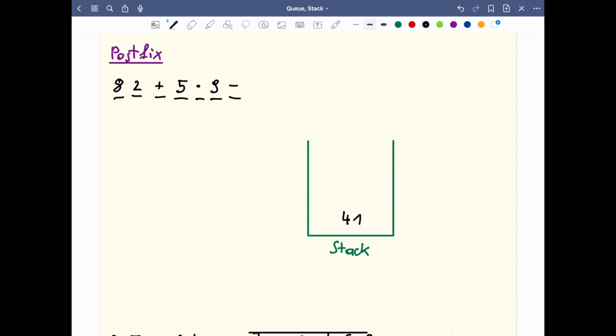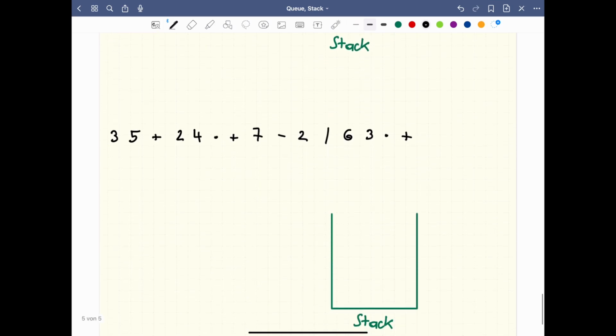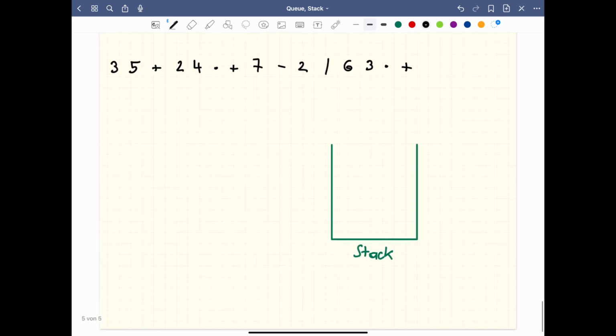Good. So once again, a more sophisticated example here. We have the 3. Let's push it to the stack. We have the 5. Let's push it to the stack. We have the plus. We apply the plus. 5 plus 3 equals 8. We come to the next element. We push the 2.